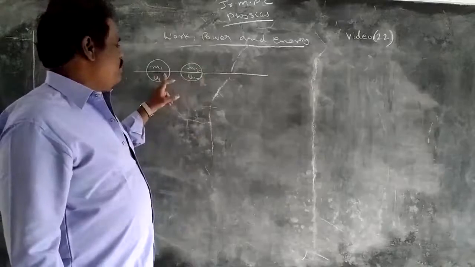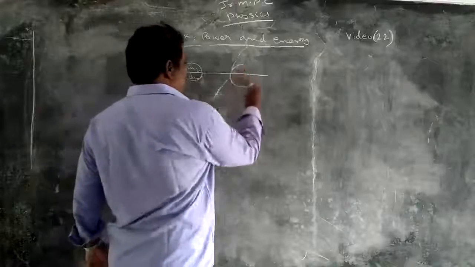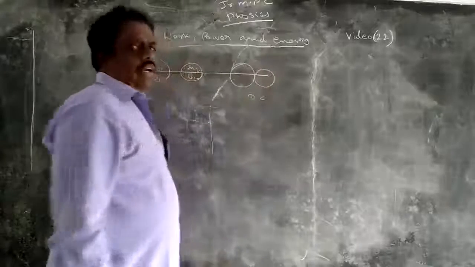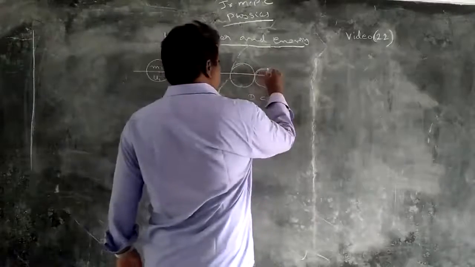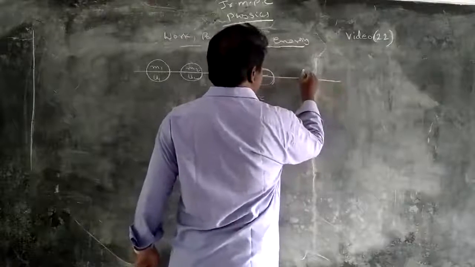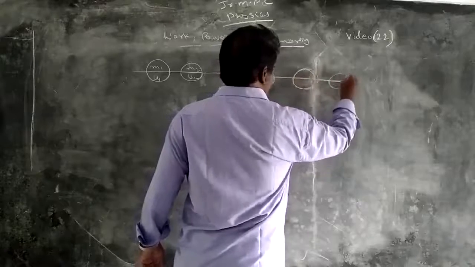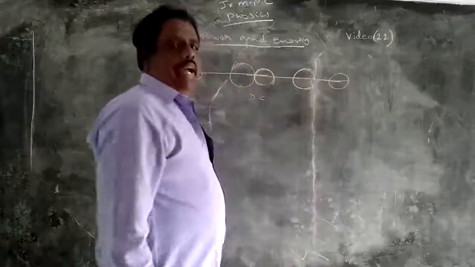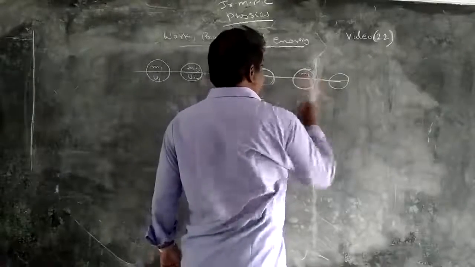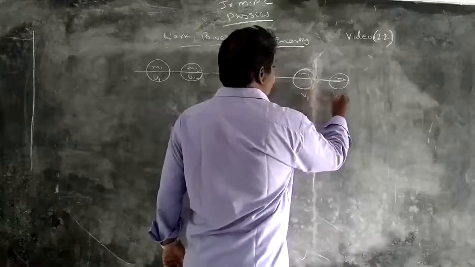When the first sphere collides with the second one, that is the case of during collision. After collision also they are moving on the same straight line, so it is a one-dimensional elastic collision. After collision there is no change in mass: the first sphere is again m1, the second sphere m2, and the final velocities are v1 and v2.